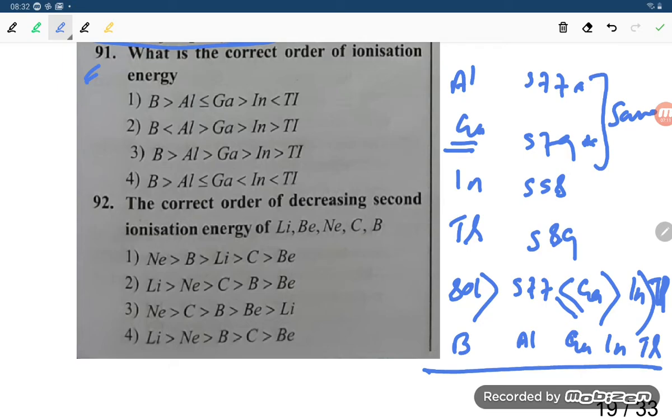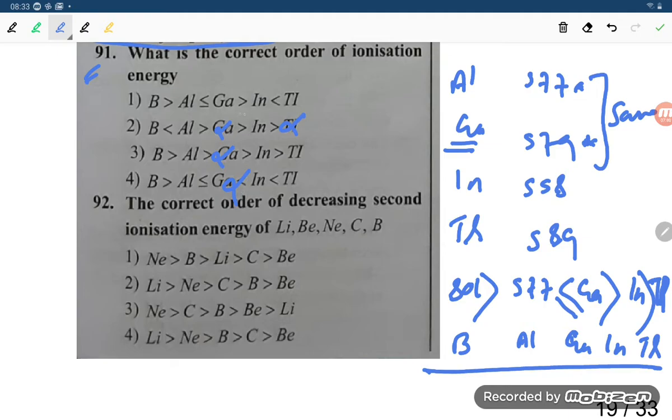Boron is greater than aluminum, all are the same. Gallium, this case is wrong, because gallium is almost equal to aluminum, so we take the sign accordingly. Then gallium is more than indium, so this is wrong.